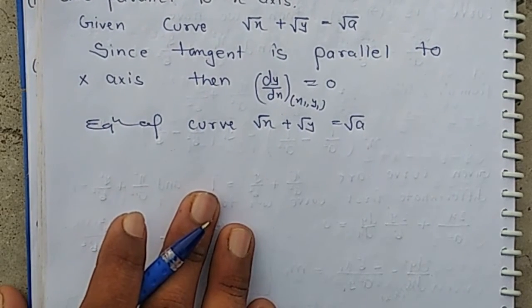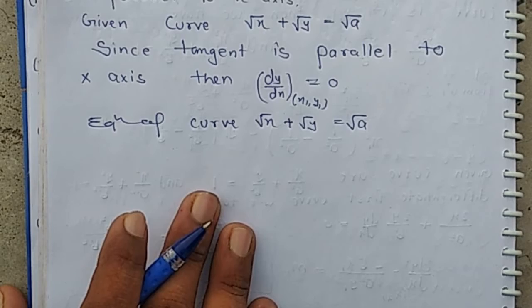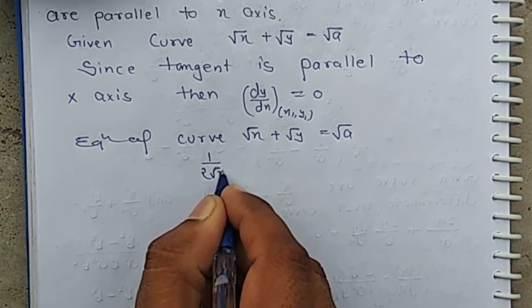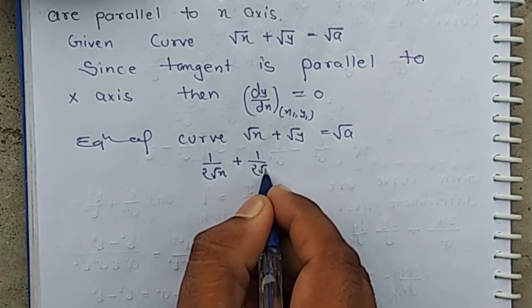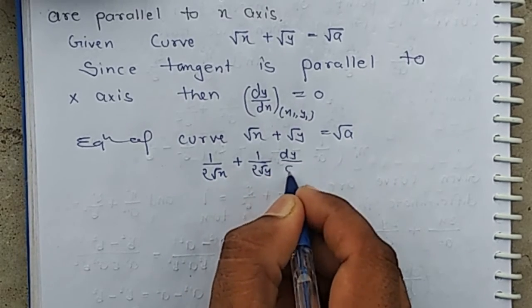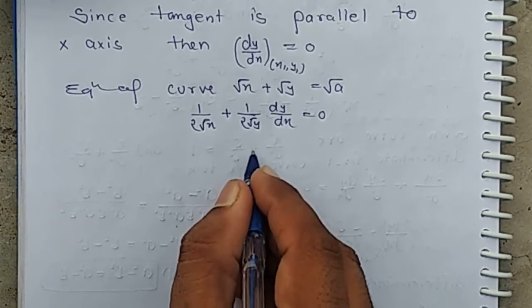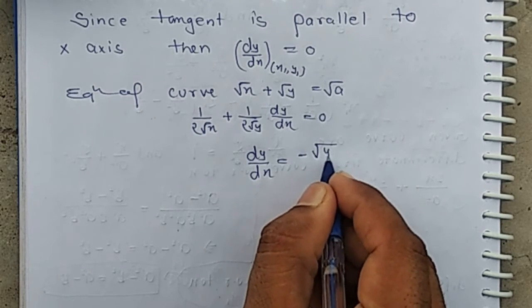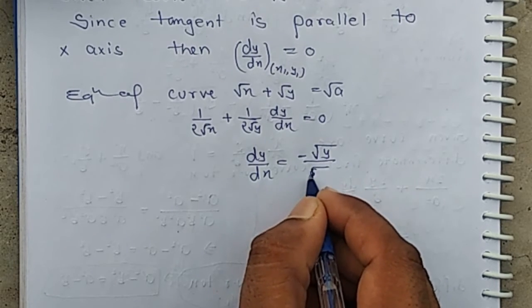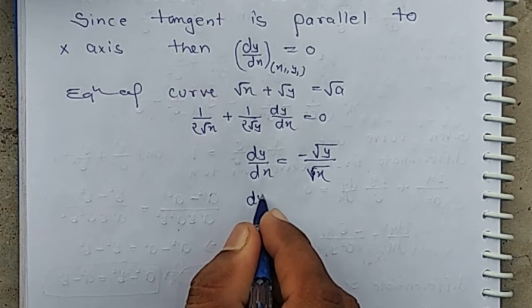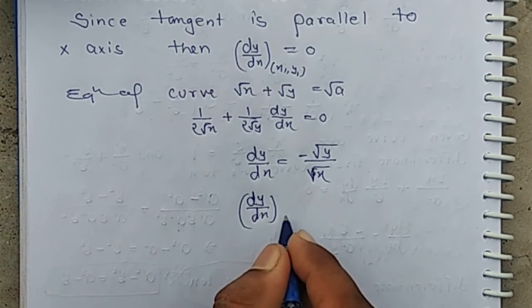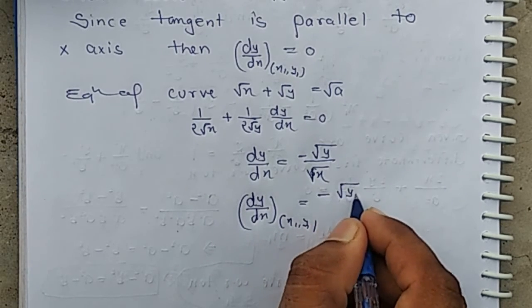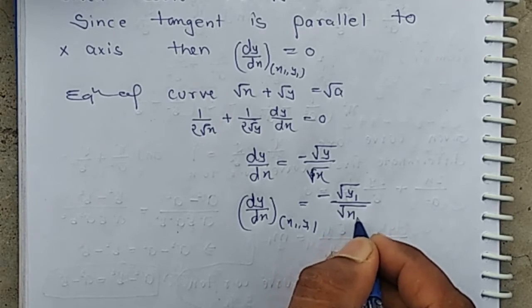We have, then value of dy by dx is, and at point x1 comma y1 we have dy by dx equal minus root y1 by root x1.